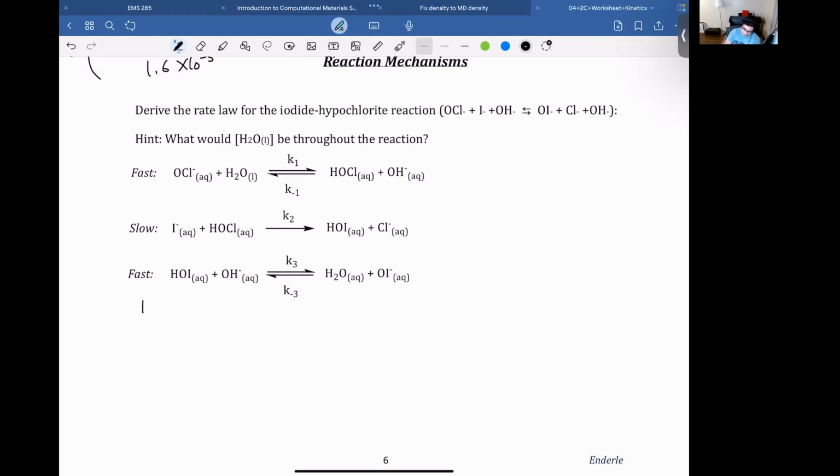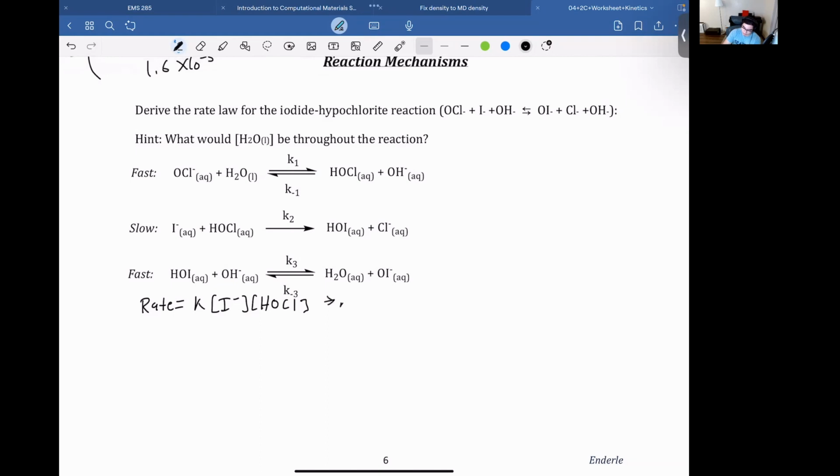So the rate here is equal to K times the concentration of iodide times the concentration of HOCl. This HOCl is not found in the overall reaction, so it's not going to occur in our rate law.